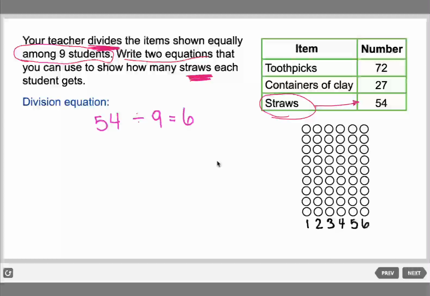Yes. Thank you, Khalid. And now, my heroes, let's see the multiplication equation.